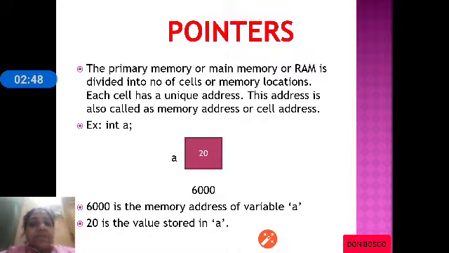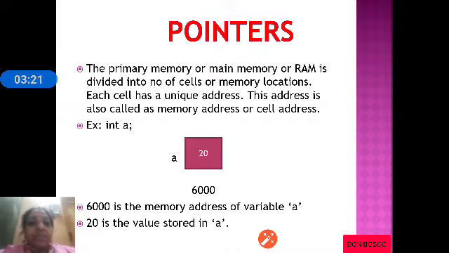For example, if we declare int A, you can see 6000 below that, which is the memory address. 6000 is the memory address or cell address of variable A, and 20 is the value stored in A. 20 is the data stored in A, and A in RAM is available at location 6000.